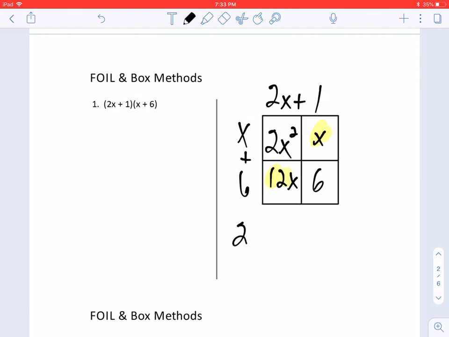Therefore, they have to get combined. So 1x and 12x actually becomes 13x. And then we write 6 right there. And we've combined the two like terms, and we've written our expression in standard form, which is the highest power to the lowest. And there's your final answer.